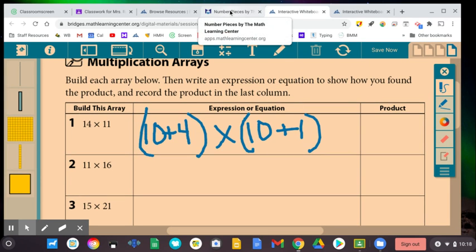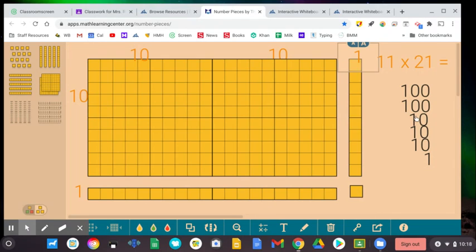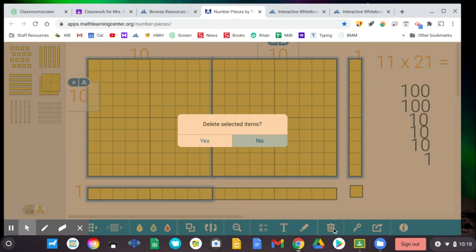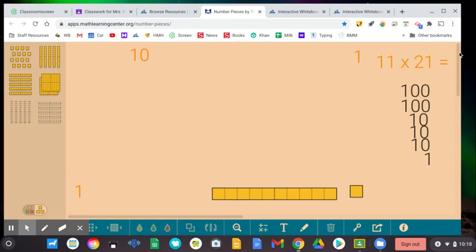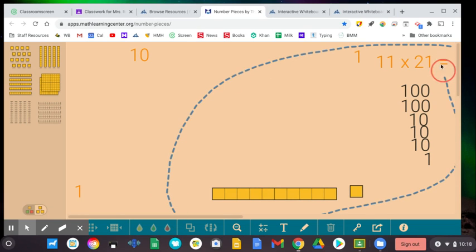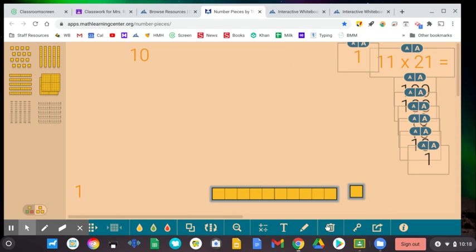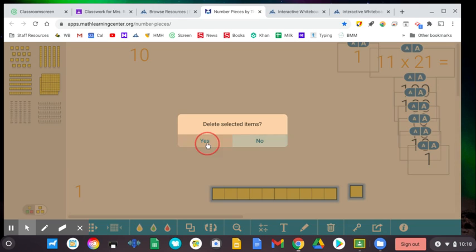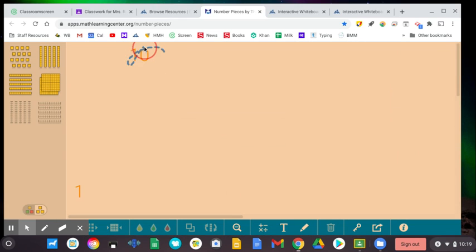So if we were going back to this, and let me clear everything. I got rid of some of it. Let's get rid of some more. And let's get rid of that one. Well, I guess I didn't do a good enough job.